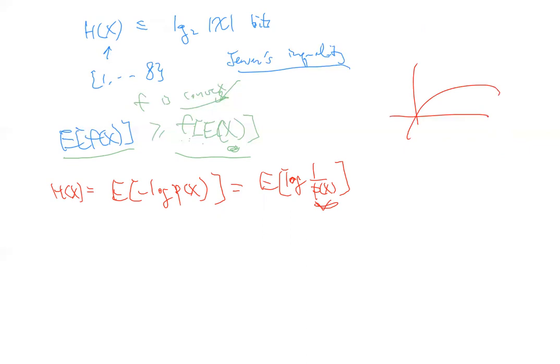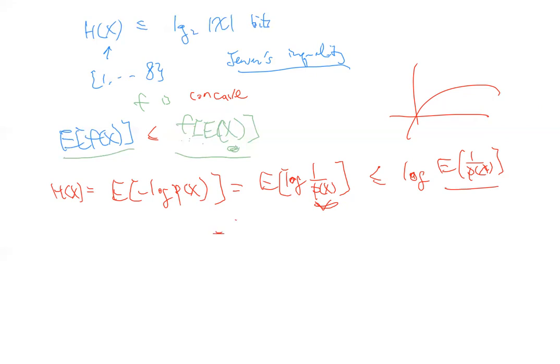Therefore, if it's concave, I have an inequality like this, right? So I have the expectation of log 1 over p(x) is less than or equal to log of the expectation of 1 over p(x), right? And the expectation of 1 over p(x) is what?